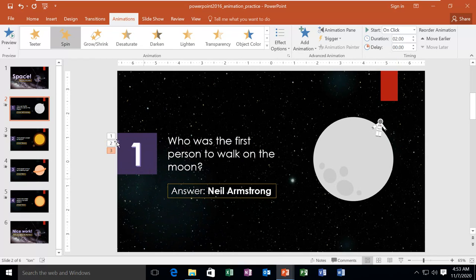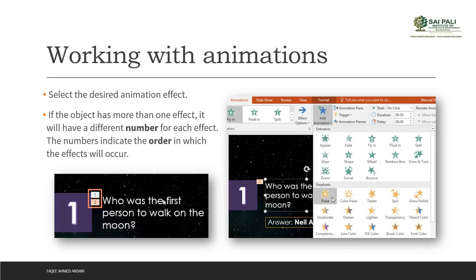So I added these three animations, and as you can see, the numbers 1, 2, 3 define the sequence of the animation. When we run the slideshow, first it will run this animation, then this and this. So the number decides the order.